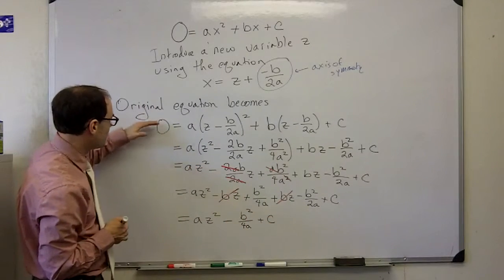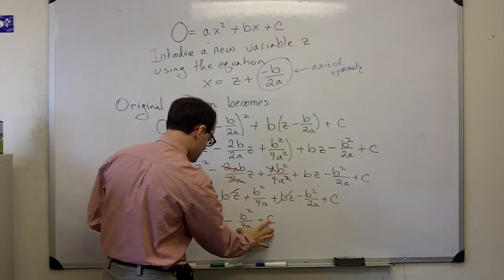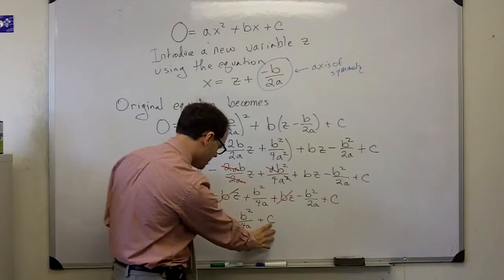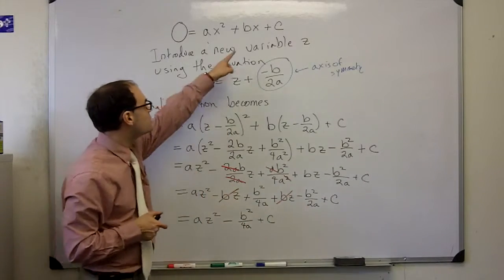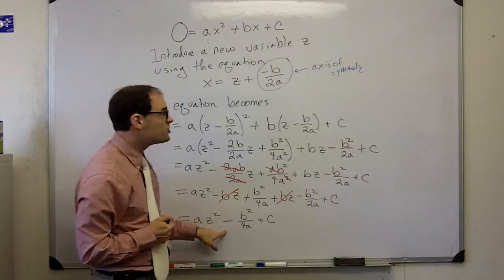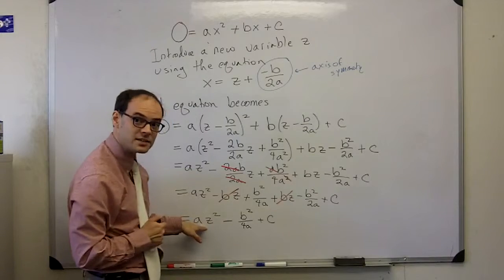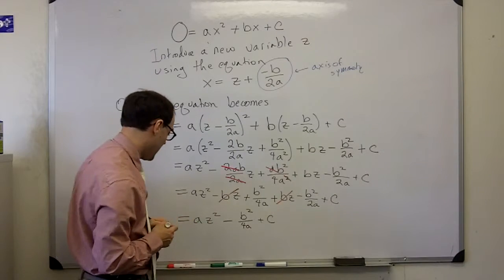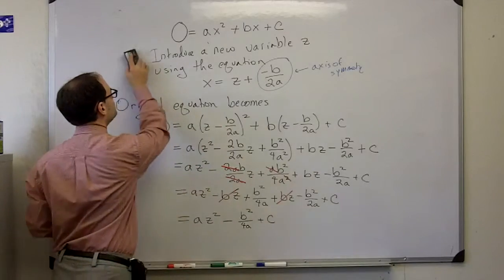Okay, so we've written this down, and if you look at it, that bz term is not there, it's gone. So we've successfully shifted that axis of symmetry when we write it in terms of these z's, so now we can just solve outright.